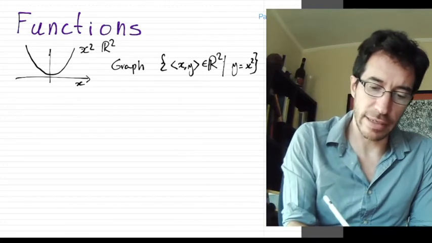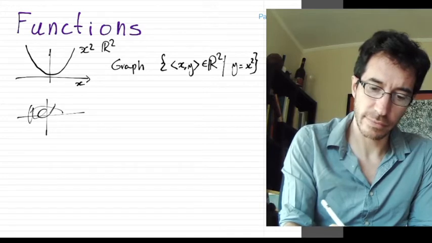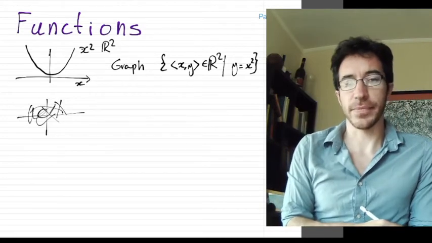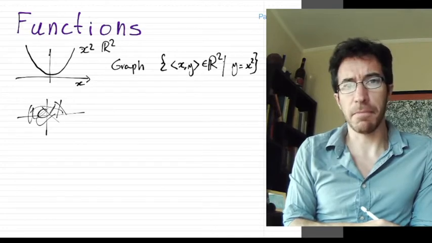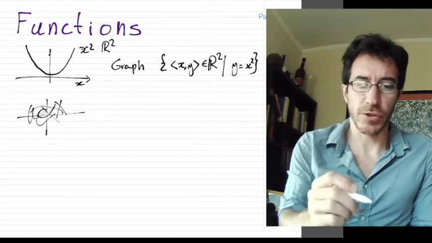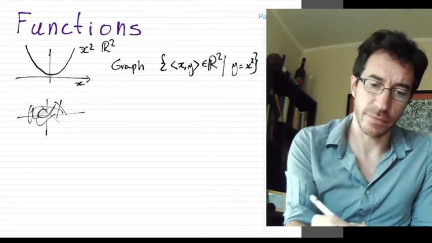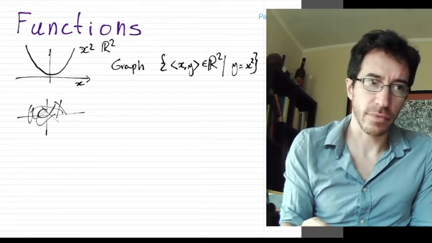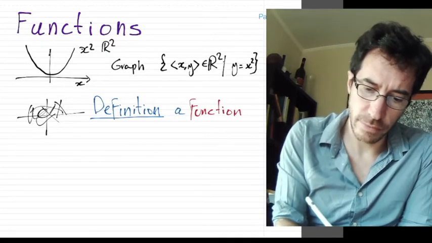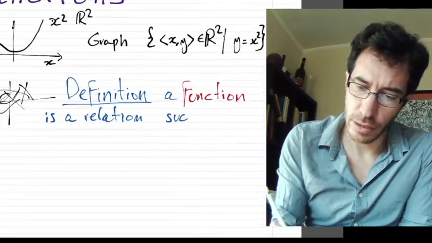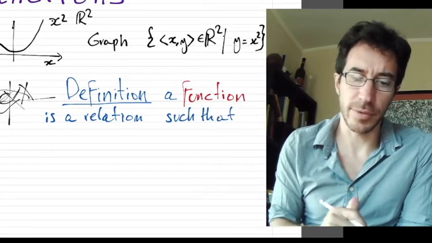Because if you have a set that looks like that, it doesn't look like the graph of a function, no? So what makes a relation a function? Okay, let's write it down. So definition. A function is a relation such that, what does the relation need to satisfy to be a function?